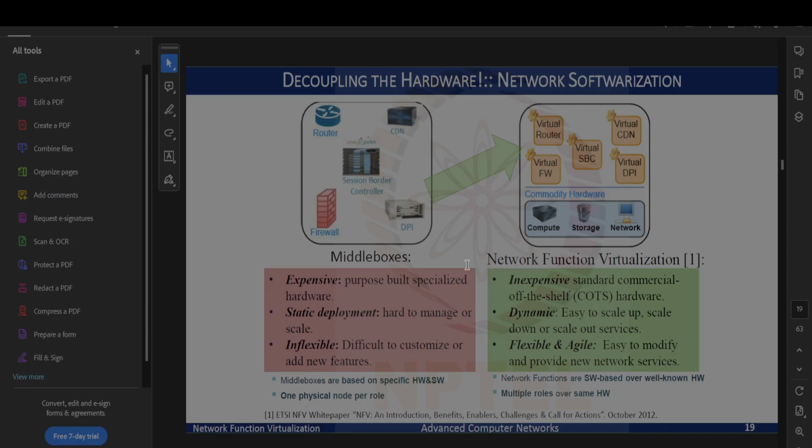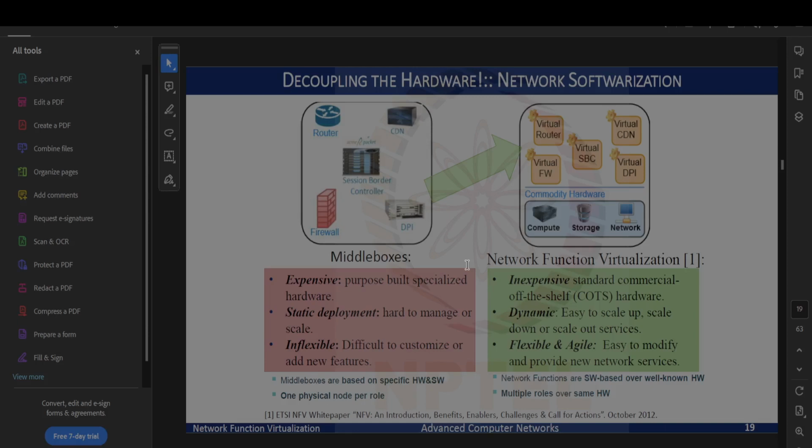And then it is more flexible, because now every telecom provider can give the specification, and accordingly vendors will provide feature-rich functionalities. It's very easy to customize for the telecom providers.